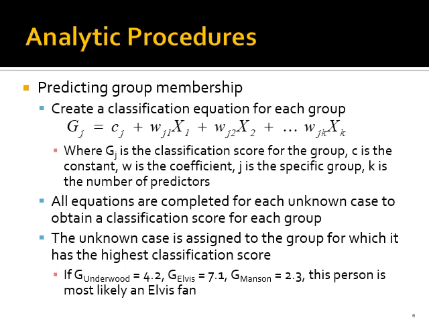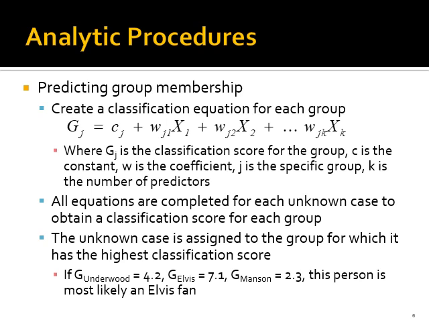Now, to predict group membership, we need to create a classification equation for every group, or in other words, every outcome, where G is the classification score for the group, C is the constant of the equation, W is the coefficient for each predictor, J is the specific group, and K is the number of predictors.